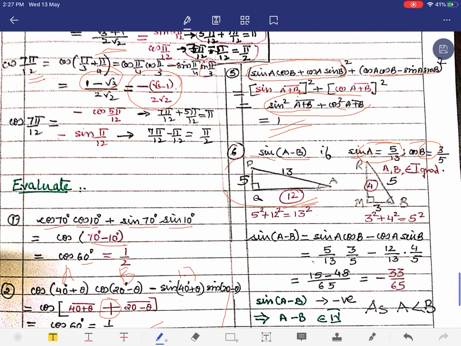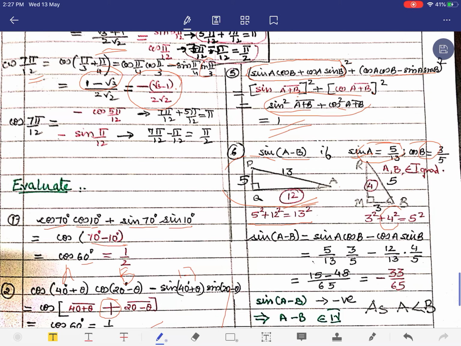So, I have made a right angle triangle with 5 as the perpendicular side, 13 as the hypotenuse, and as we see it is a right angle triangle, we need to know what is the third side of it, because we are aware of the Pythagorean triplet, 5 square plus 12 square is 13 square. Similarly, for the next ratio, we make another right angle triangle, of which base is 3, hypotenuse is 5. So, 4 is the perpendicular, because 3, 4, 5 are Pythagorean triplet.